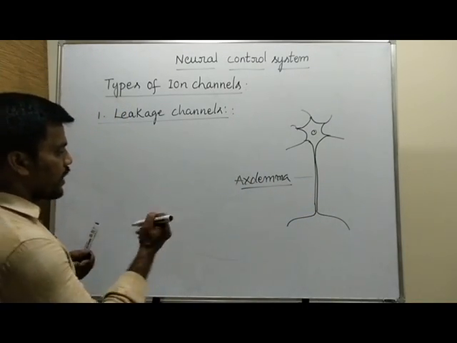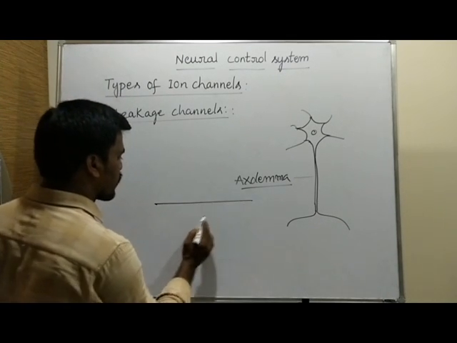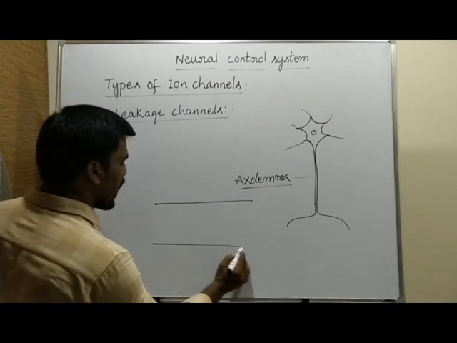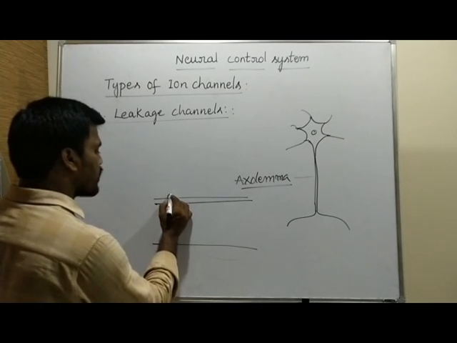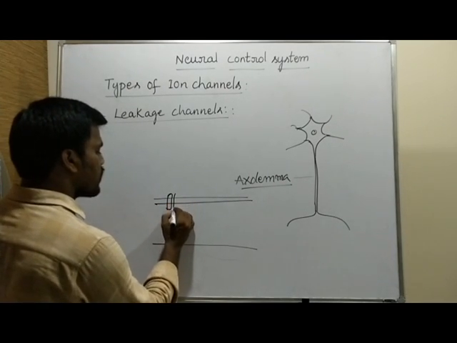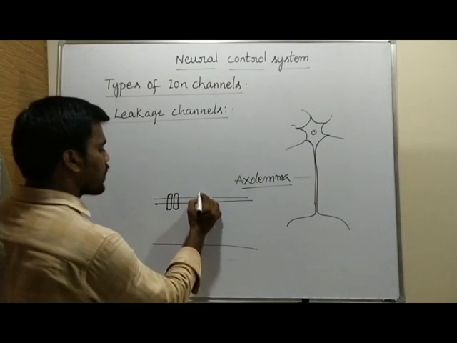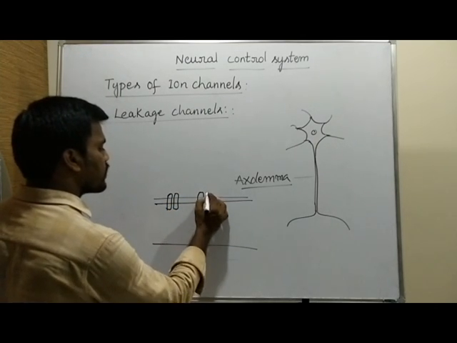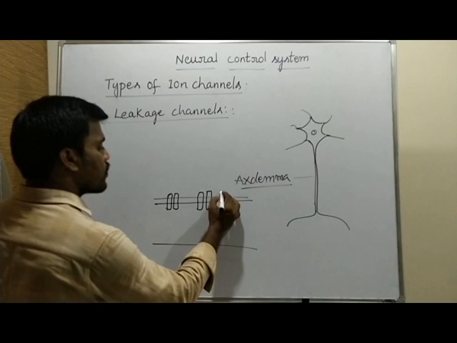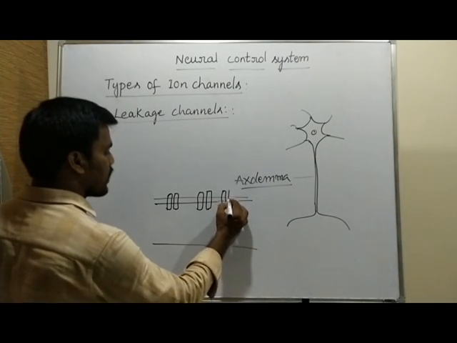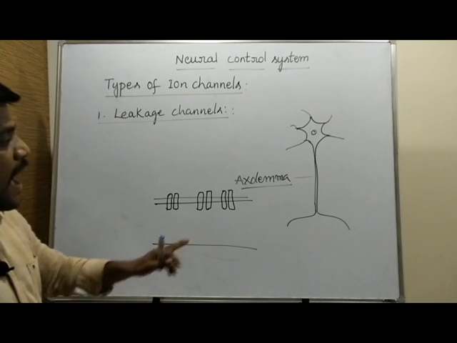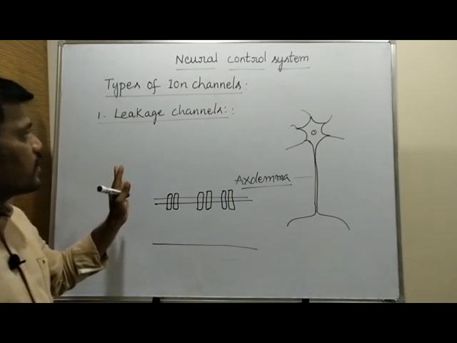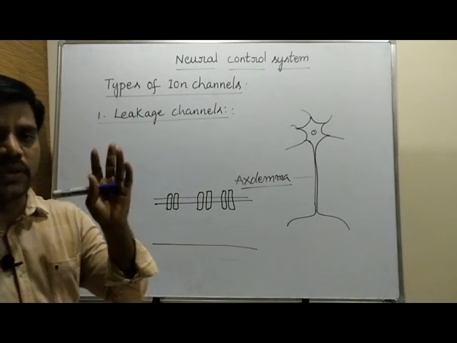On the axolemma layer, these channels are present, and they are called leakage channels. These leakage channels are of two types.